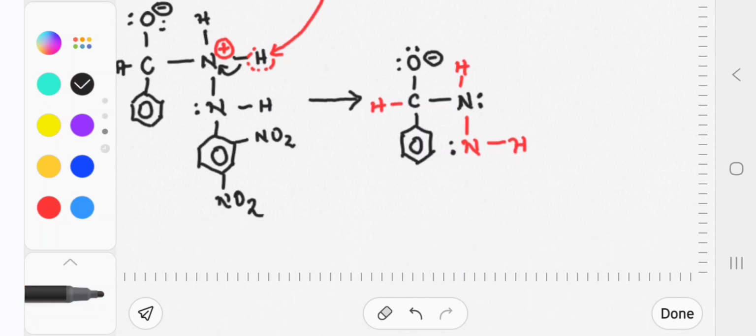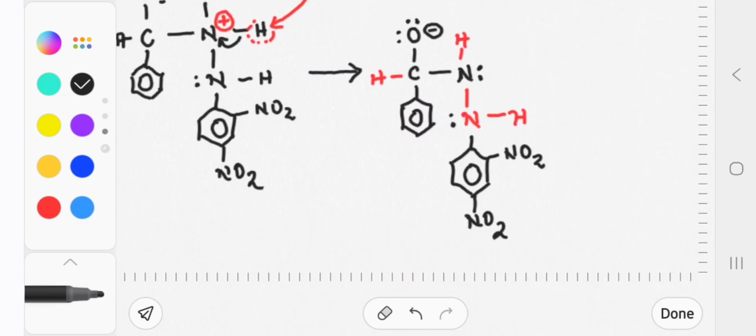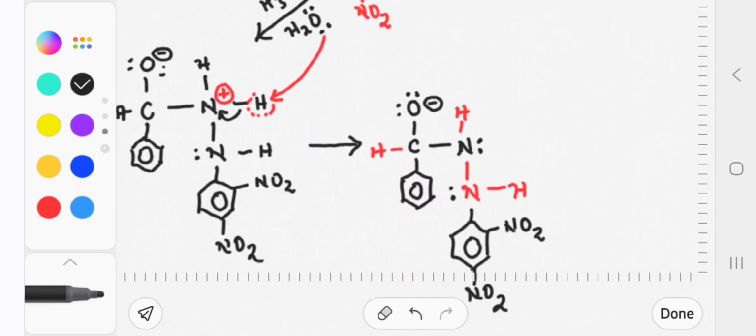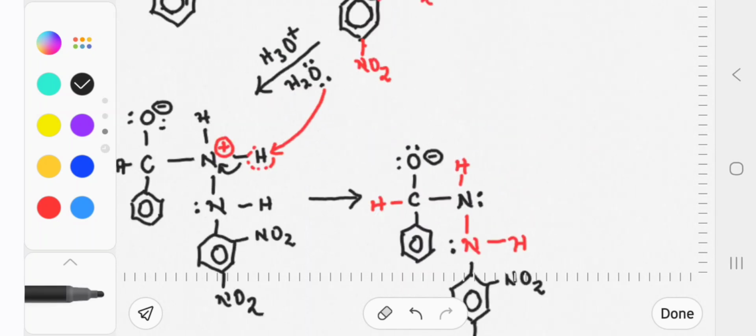Then moving forward again, down below we have this ring, with the nitro groups. Can you see? So this is what we have. Now that hydrogen that has been removed is going to form yet another proton.